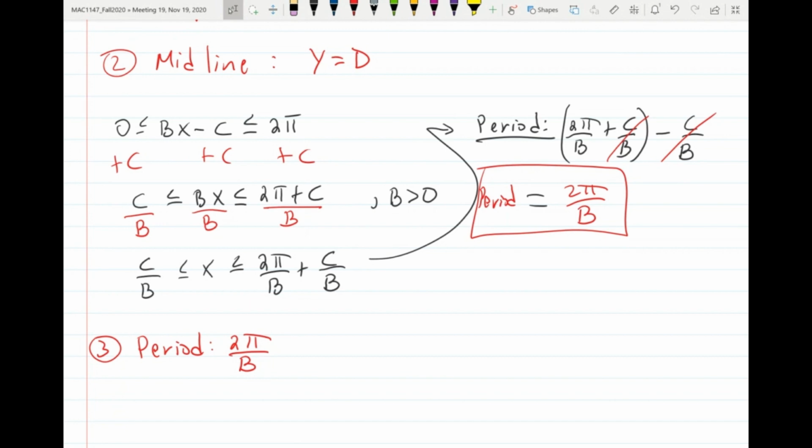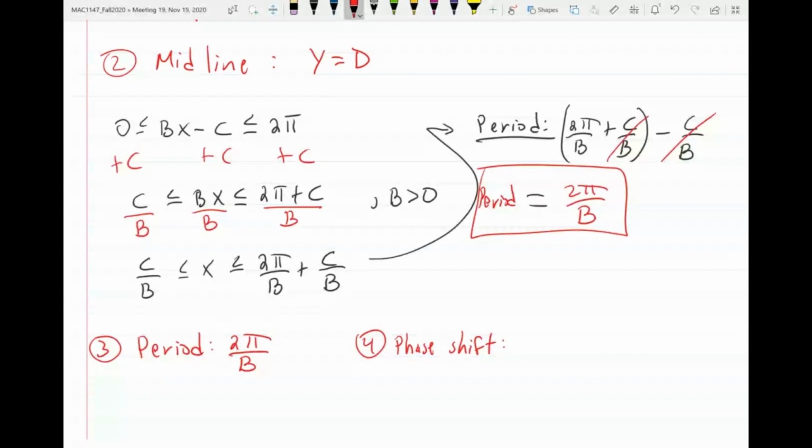Okay, and then finally, we want to figure out what's the phase shift. So phase shift, in this case, is a way of saying how much did the graph move horizontally? Did it move at all? And actually, we can see that it did, right?